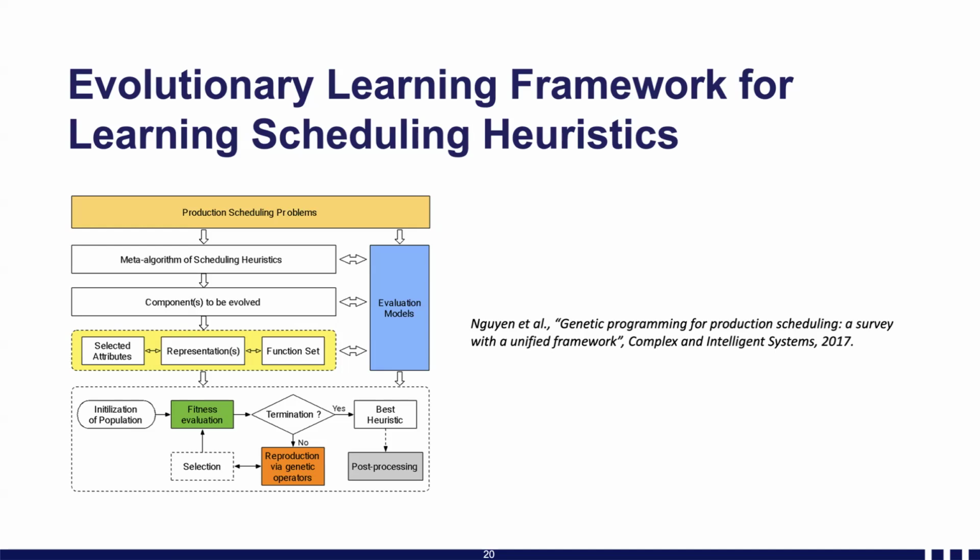It helps me check whether the heuristic I create during the evolution process is good or not. And sometimes we also have a post-processing step. So it's when we get the best heuristic out of the evolutionary process, and sometimes it's quite big, so we want to understand it, or sometimes we just want to further fine-tune it. So we may have some kind of post-processing step as well.